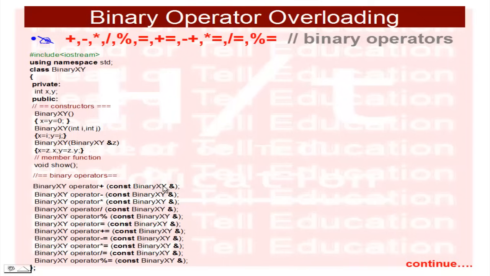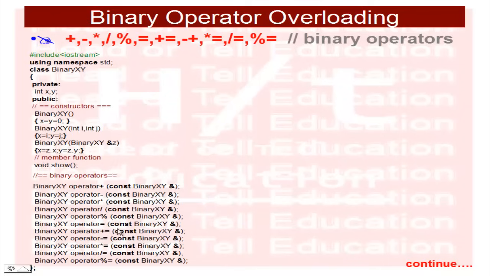Okay, class reference I am passing. Same again for minus, const binary xy reference. Then again I have created signatures for multiply, then divide, then percentage, then equal to.